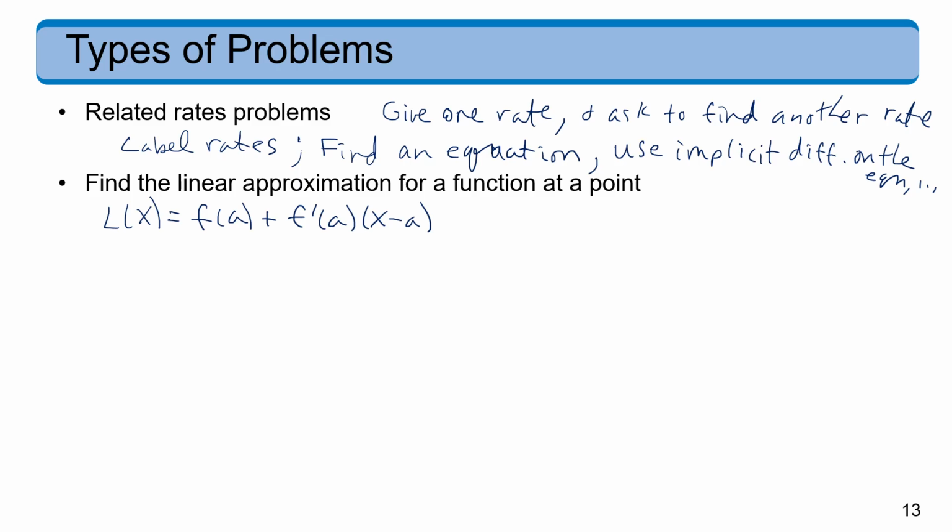And again, a here is the x-coordinate of the point of interest. If you don't want to memorize the formula, just realize this is the tangent line at x value a, and you can just use the methods we've learned earlier for finding a tangent line and solve it for y, and that's this function.